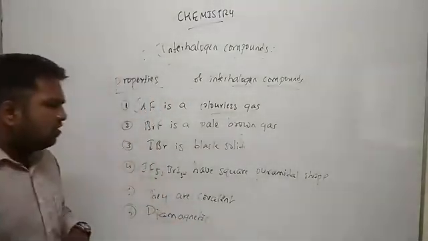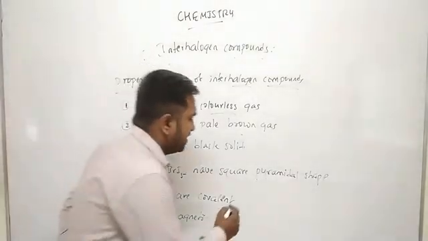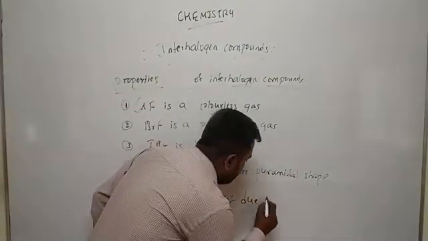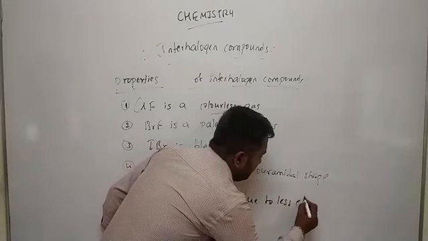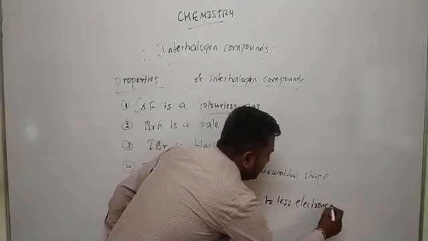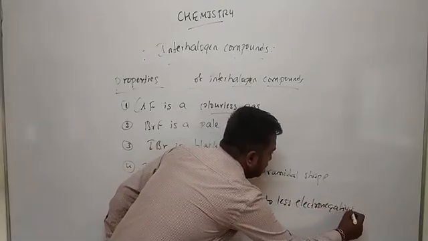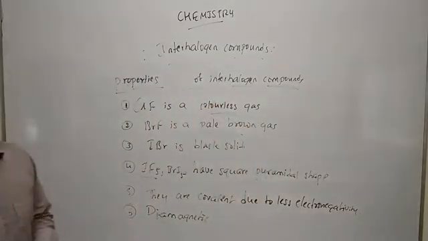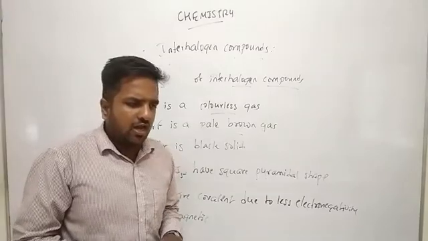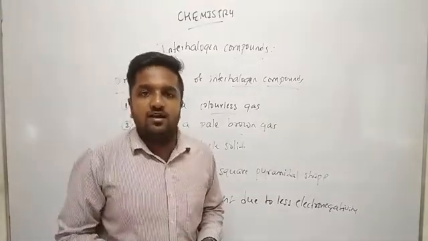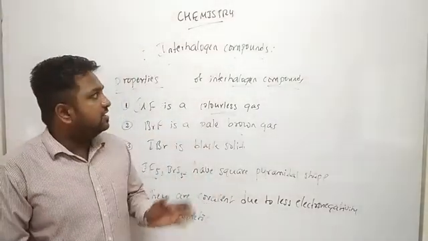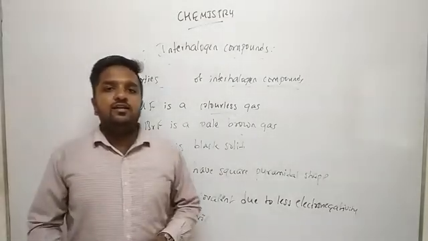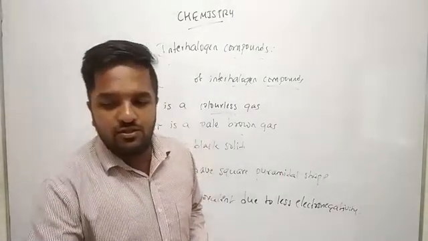Clear? And the magnetic property is diamagnetic. All interhalogen compounds are diamagnetic in nature. Clear, students? So this is regarding interhalogen compounds. So we are ending here.